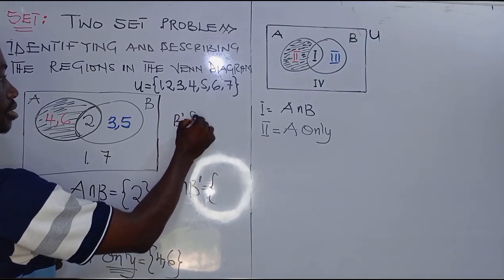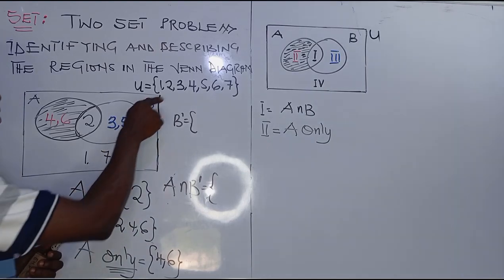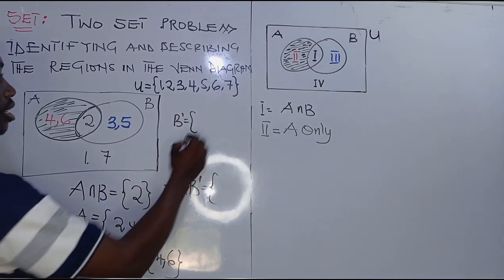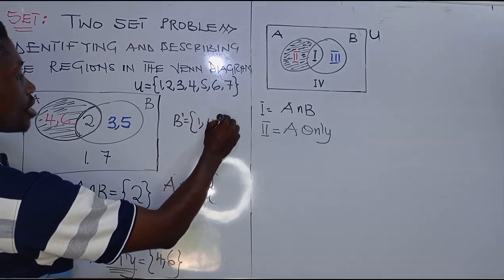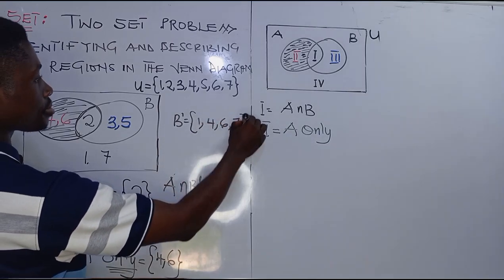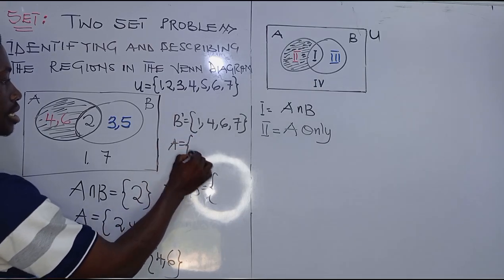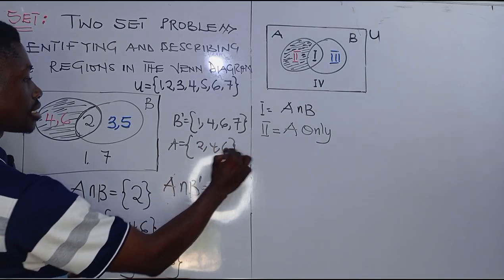B complement means we have to look for all those elements that belong to the universal set, but are not part of B. And we are going to have 1, 4, 6, and then 7. Now we have B complement. Let's find A. The elements for A, we have 2, 4, and then 6.